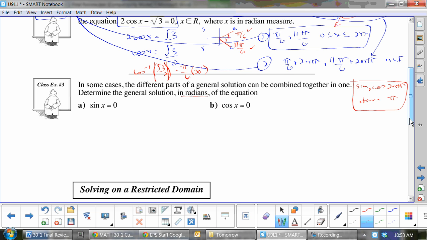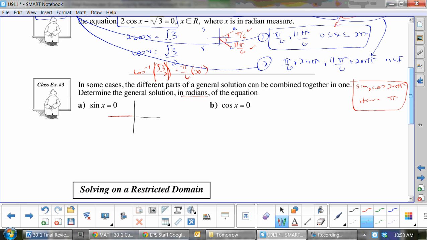Now, let's talk about sine x equals 0. Now, a picture is always worth 1,000 words, right? So, where is sine x equals 0? Come on, unit circle people, let's go. Where is it?